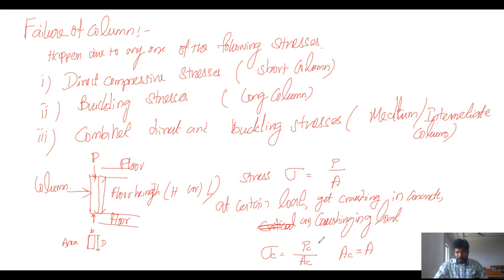But PC is nothing but crushing load here. Sigma C is nothing but crushing stress. So these are the things related to our short column. Next we should move on to the long column.